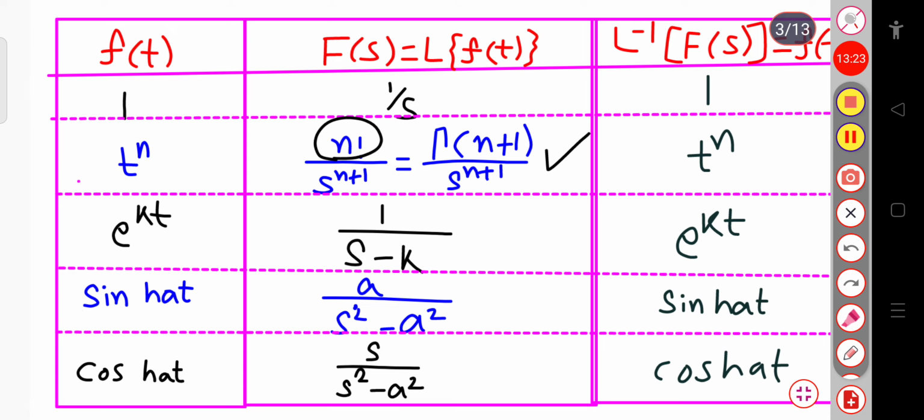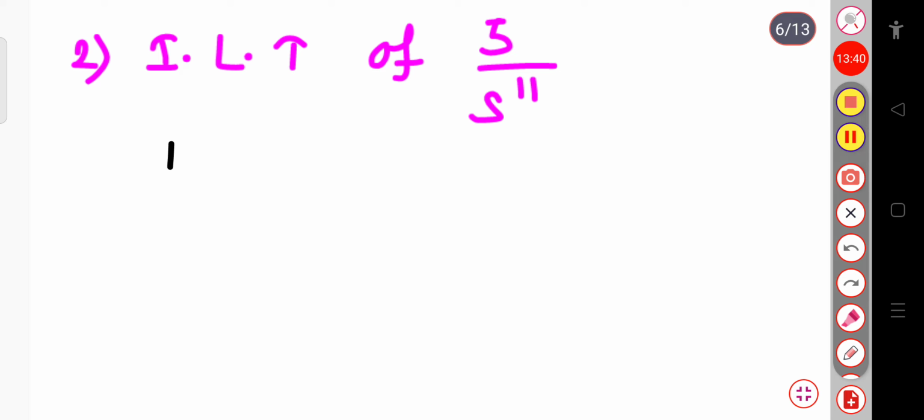This is in this format, and here the Laplace transform of t power n is n factorial divided by s power n plus 1. So the Laplace inverse of n factorial by s power n plus 1 will be t power n.